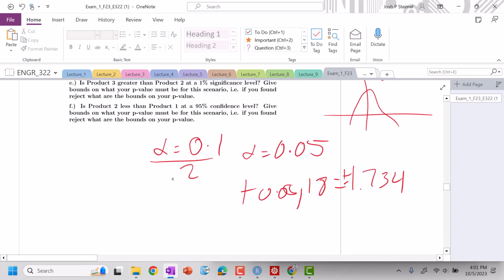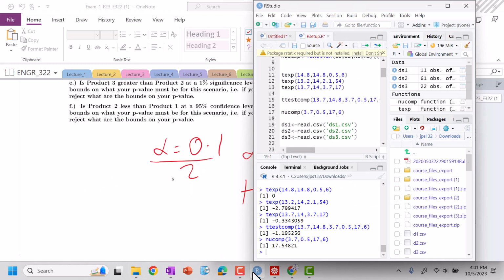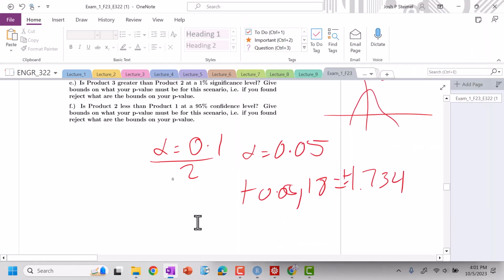And we can see that our t experimental was minus 1.19, so we are in the do not reject regime, so our p-value has to be greater than this.